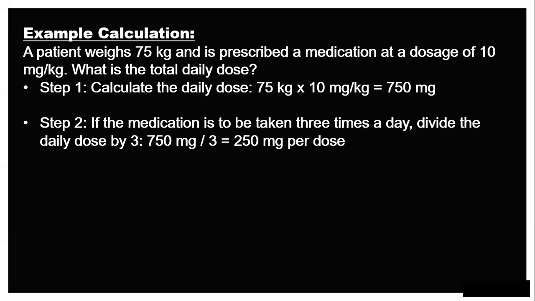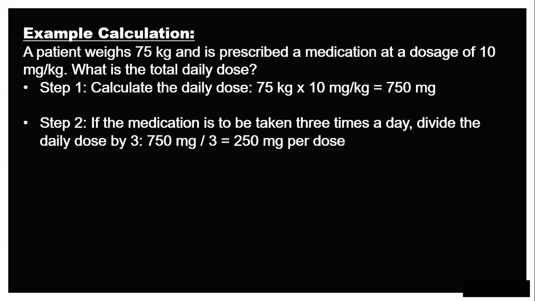So now that the person is 75 kg, you have to multiply by 10 to get the total milligrams of the drug that the person is supposed to take. When you multiply, you get 750 milligrams.